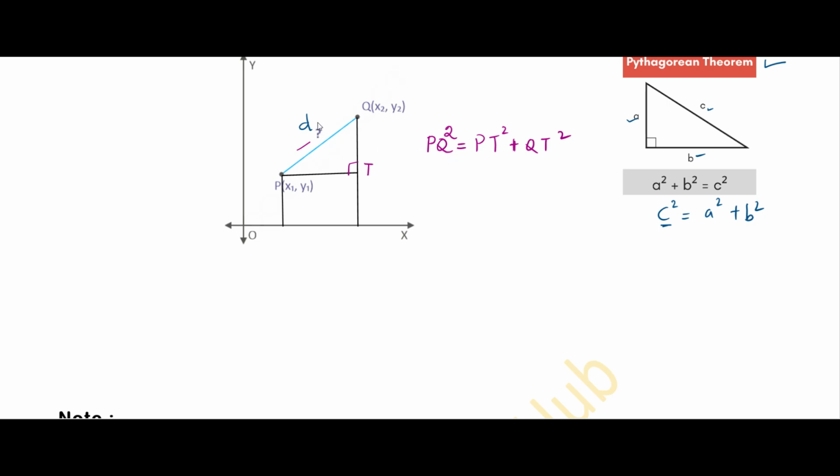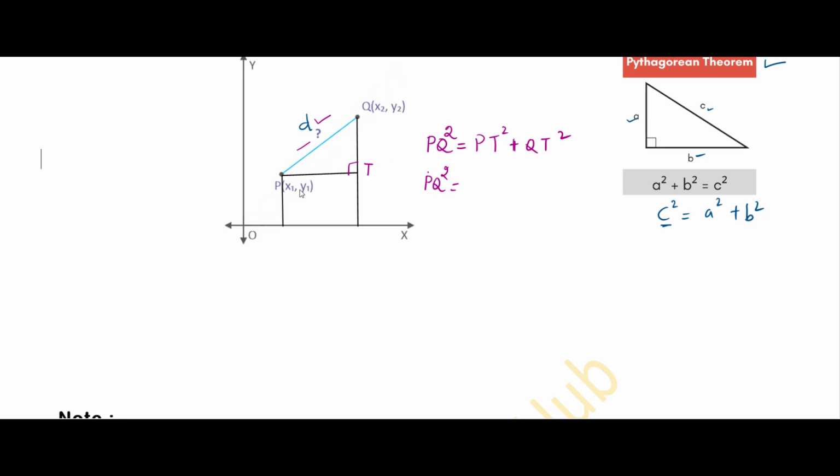Now what is PQ? PQ is the distance between the points P and Q. I'll write it as d or PQ square as it is. Now we need to find out the length PT and the length QT.